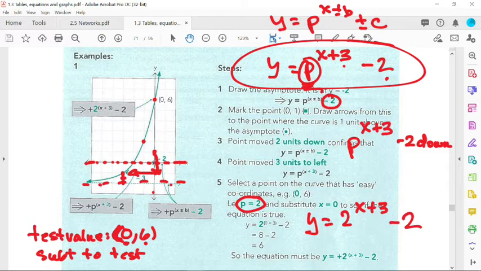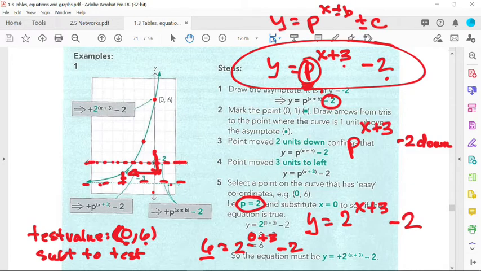So 6 equals 2 to the 0 plus 3 minus 2. You see what I did? All I did was put 6 in place of y and 0 in place of x. Just substituting to check.